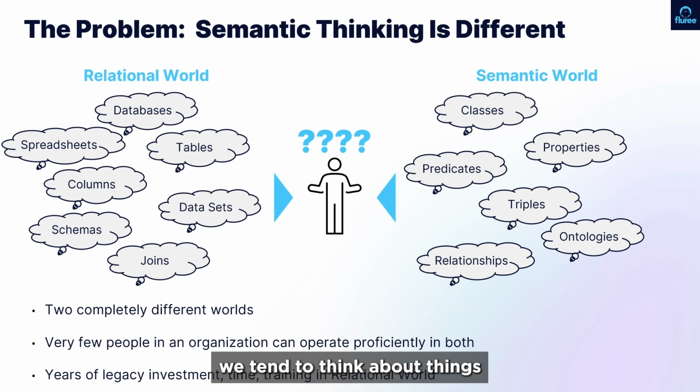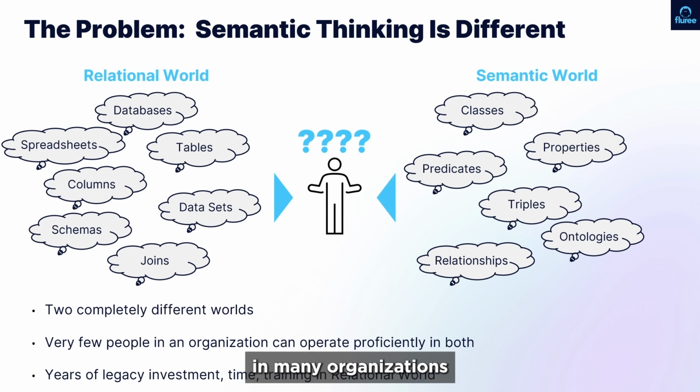In the relational world, we think in terms of tables, databases, rows and columns, and we link different database tables together using joins. But those concepts are very different in a semantic world. There are no spreadsheets, there are no rows and columns. Instead, we think about the world as classes, properties and triples. And we don't join information, we just establish relationships.